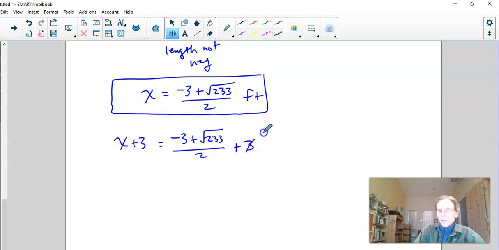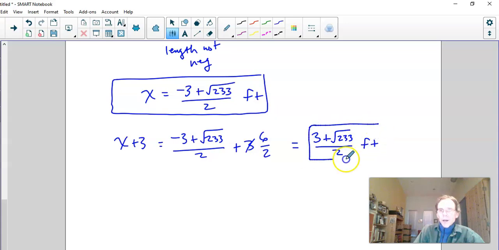That's going to be 6 over 2. So now we have a common denominator. And if we add up the quantities in the numerator, we're going to get 3 plus square root of 233 over 2 feet. So this is the length of the other leg. This is the longer one.